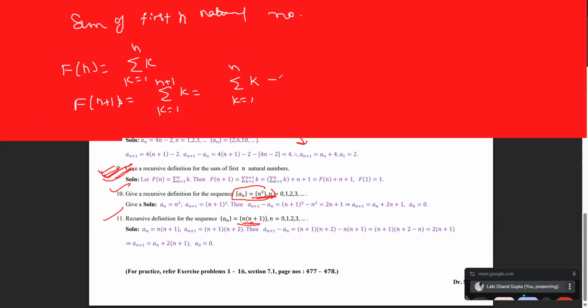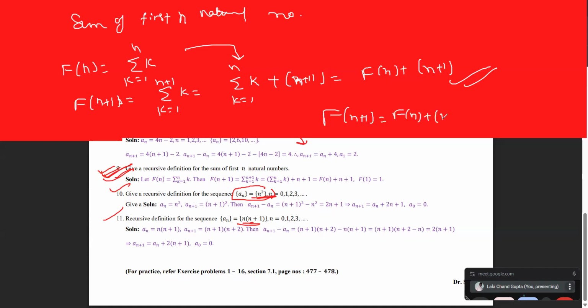The remaining term will be n plus 1. And the first n natural numbers sum is what? This is f of n. This is n plus 1. Now this is a recursive function. Understood? What is a recursive function? f of n plus 1. Okay?